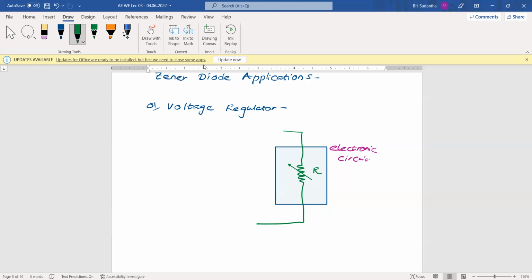But during that time, your radio is taking some kind of current from the circuit. Then its R value may be R1, and then I1 may be there.